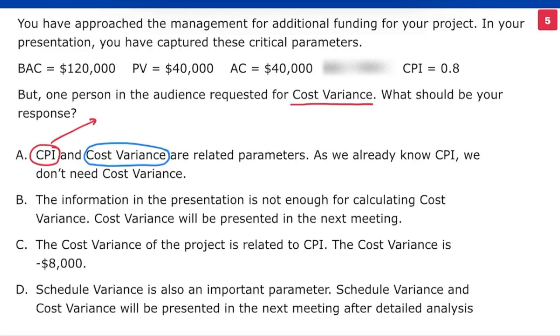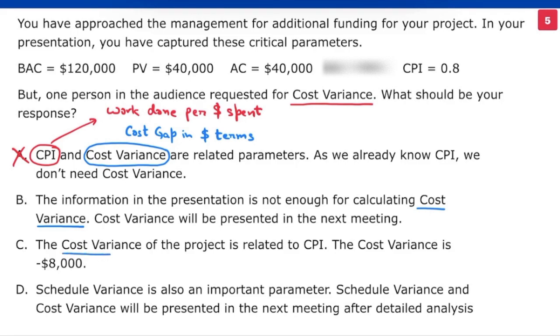CPI tells us how much work is done per dollar spent. It gives a relative assessment of the cost deviation. On the other hand, cost variance gives us the cost gap in terms of dollars. Both these parameters are important and provide us with different perspectives. Option A is incorrect.